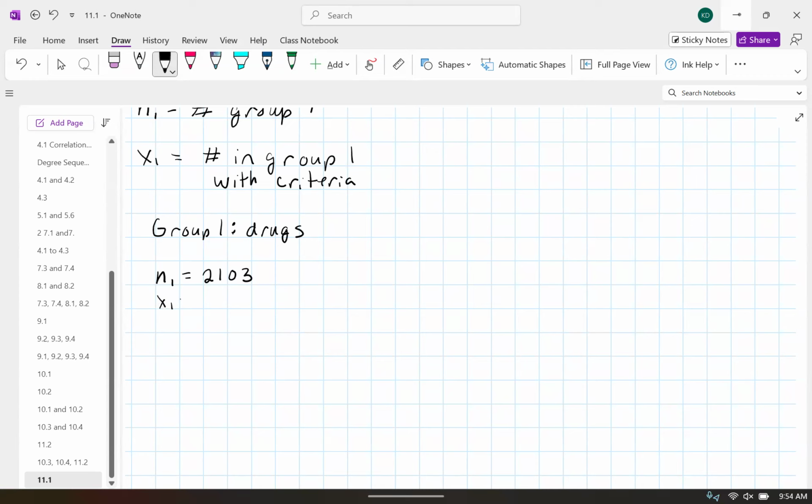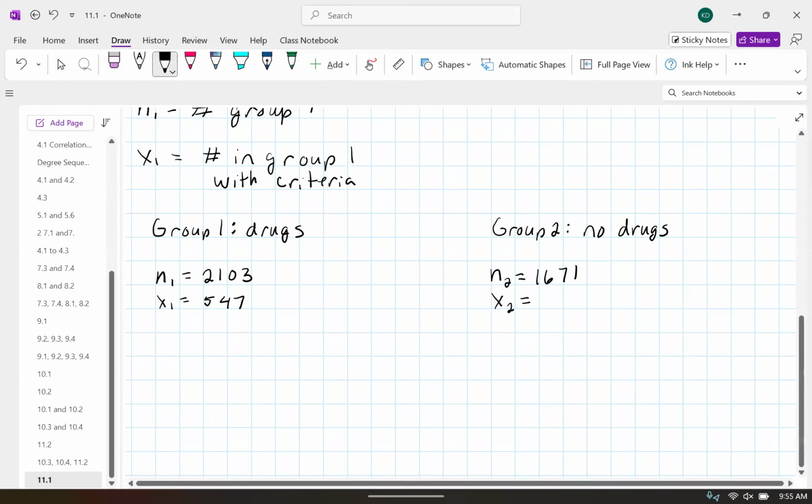And those with headaches were 547. Group two did not get the drugs, sad for them. And in this group, we had 1671. And of those, 368 got headaches.